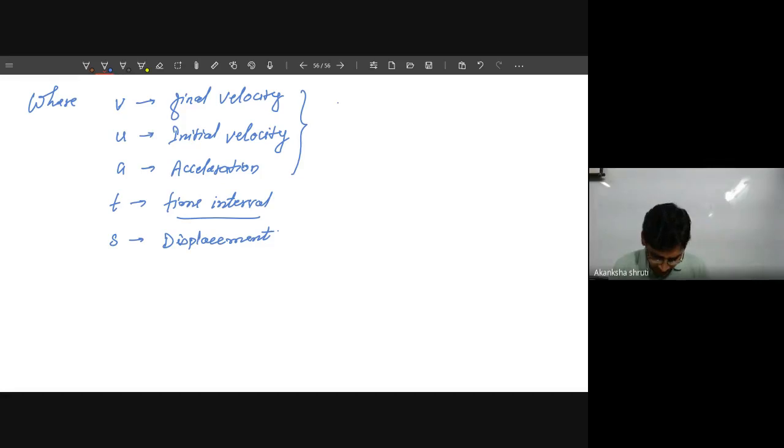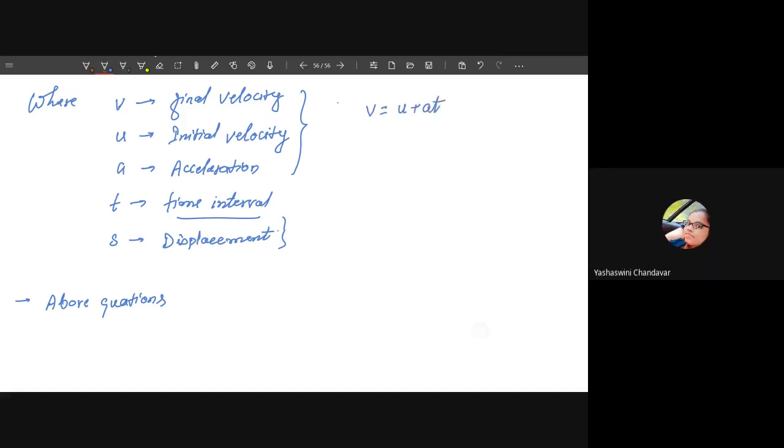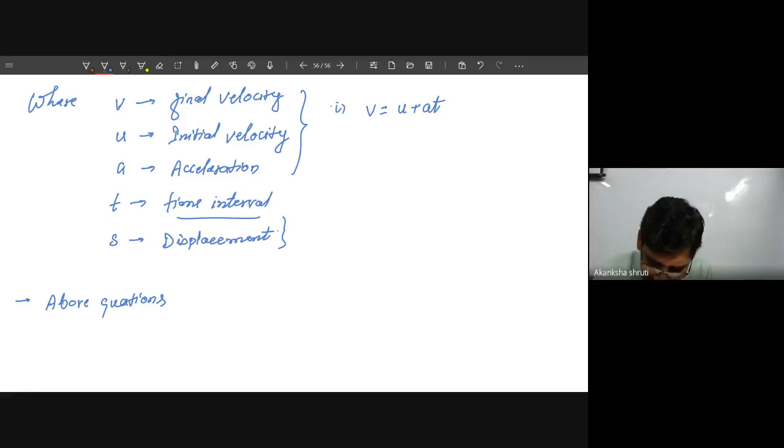Okay, student. So we have to keep in mind the above equations. What are the equations? Student, do you remember them, or should I remind you again? Student, first, it is very simple: v is given by u plus at. It is the definition of acceleration that we will derive also.